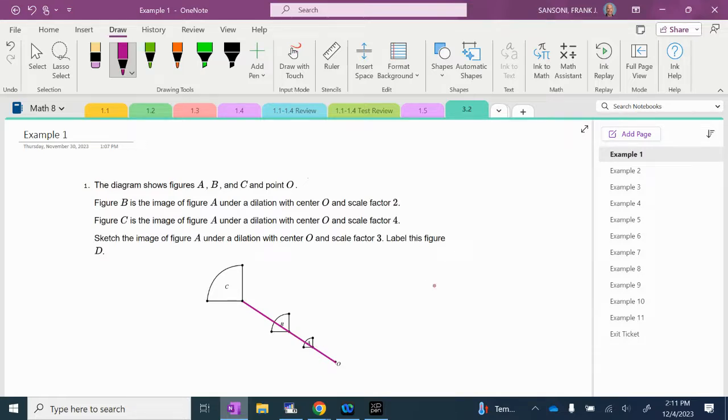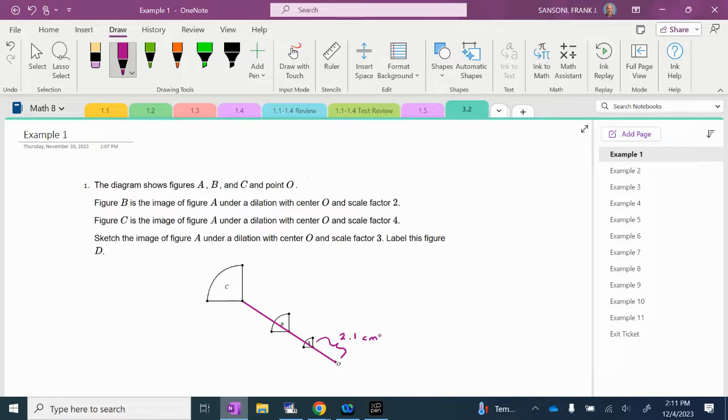Ezra, what do you have? 2.4 centimeters. Well, on mine it's like 2.1. Yeah, 2.1. So from here to there is 2.1 centimeters.